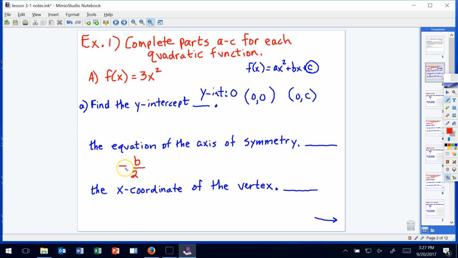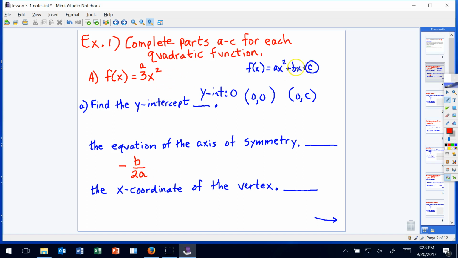The formula itself reads as the opposite of b over 2a, and where we get this b and a is from the standard form. So in our function, which only has a quadratic term, a, and this is always true, a is the number in front of x squared. So for us, a is going to be 3.